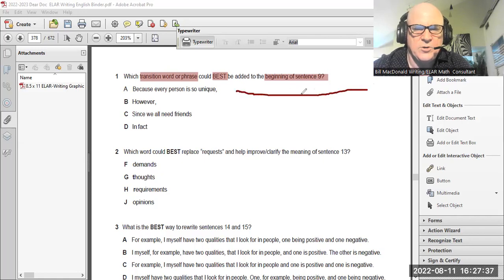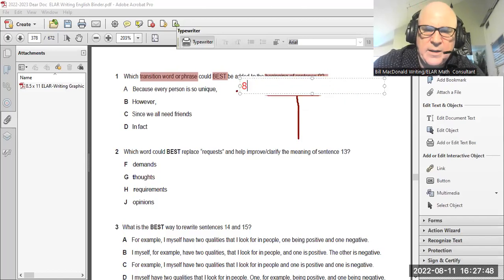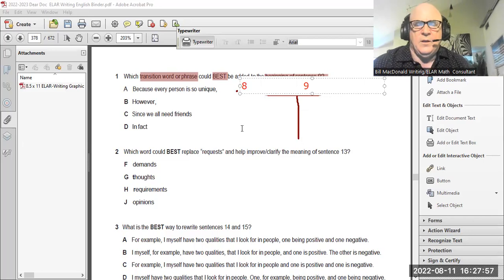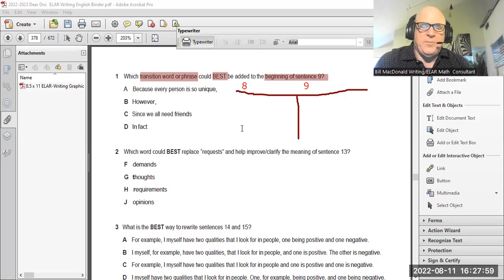They can quickly draw a T for transition, and since they're going to be transitioning to sentence 9, they can say, okay, let me check and see what 8 says. Then I can look and see what 9 says. All right. So it's going to be, because every person is so unique. Okay, that means that hopefully sentence 8 will be talking about people being different. However, meaning the opposite.